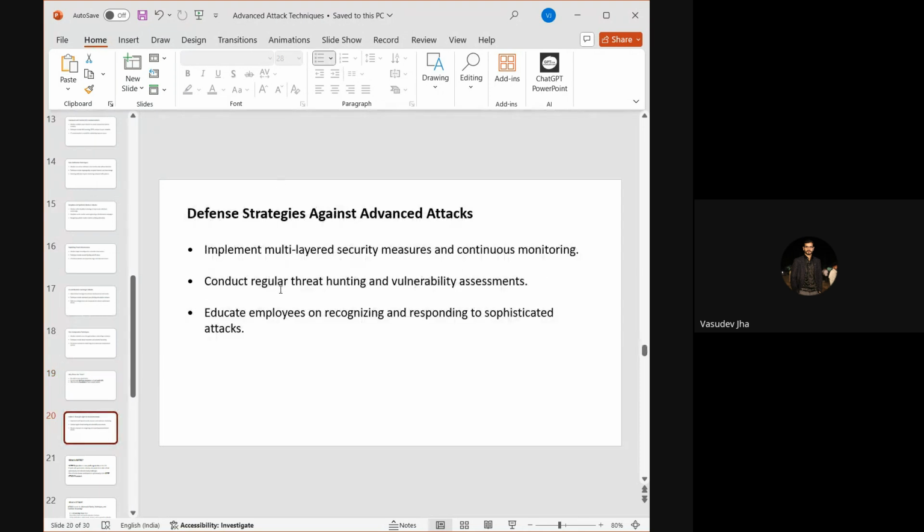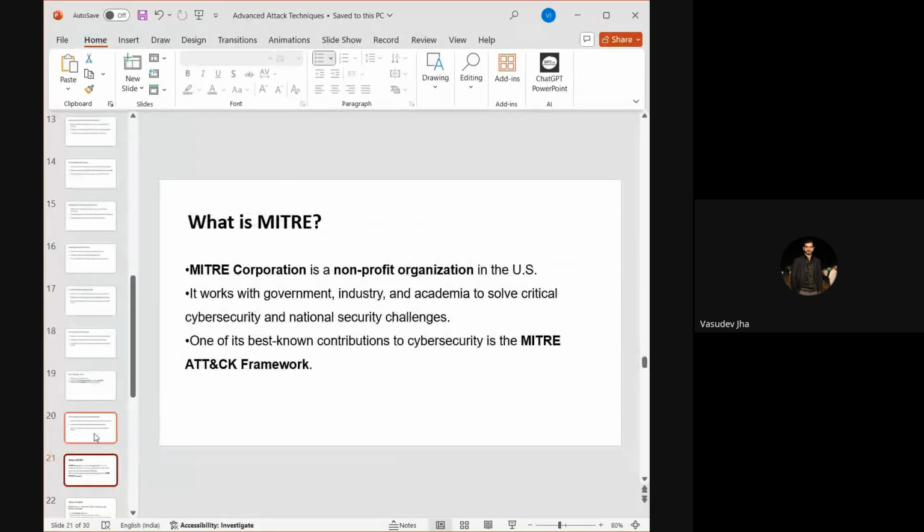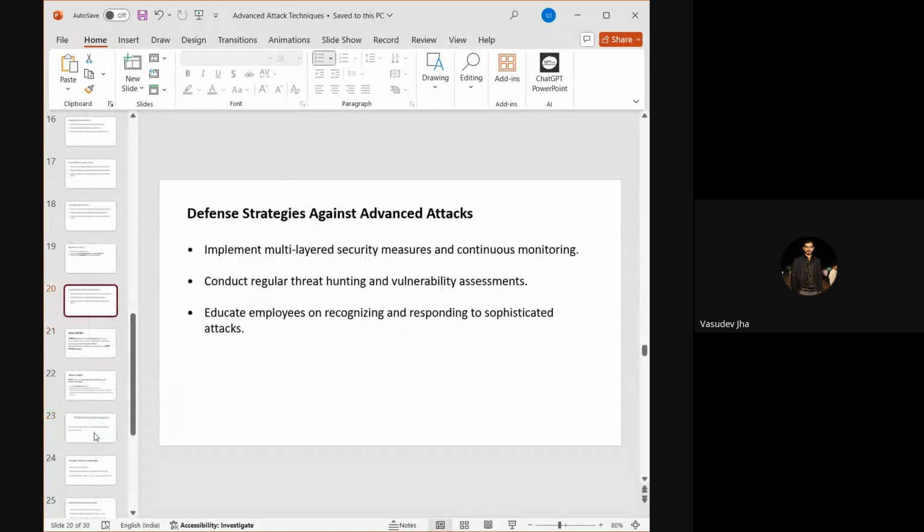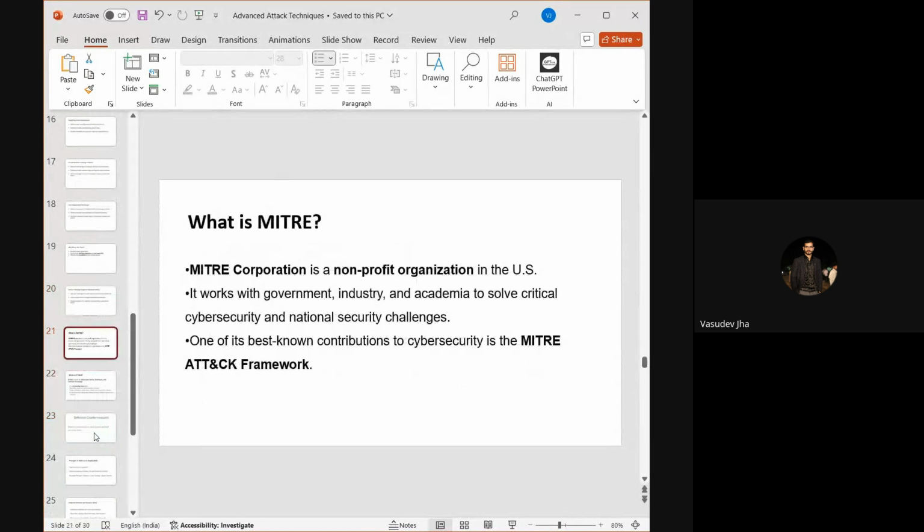Now defense strategy, so multi-layered security and all. So let's see what is MITRE ATT&CK framework. MITRE is a corporation, a non-profit organization in the US. It works with government, industry, and academia to solve critical cybersecurity and national security challenges.